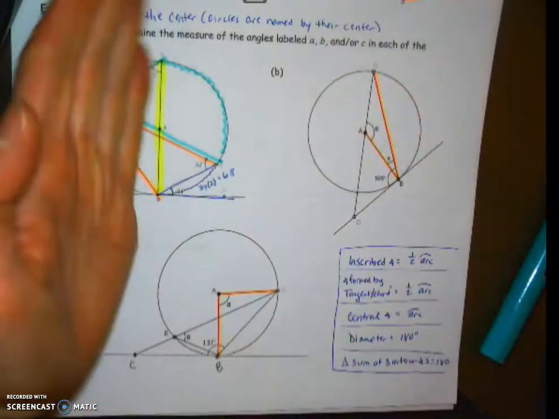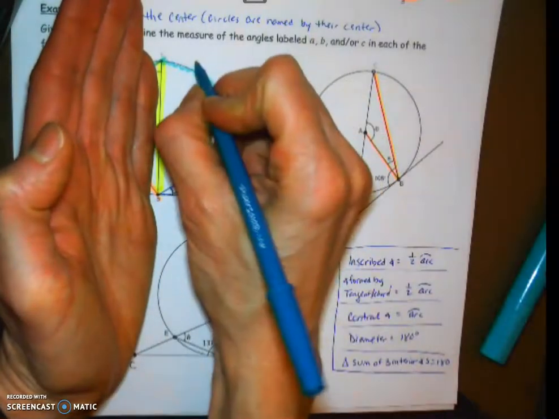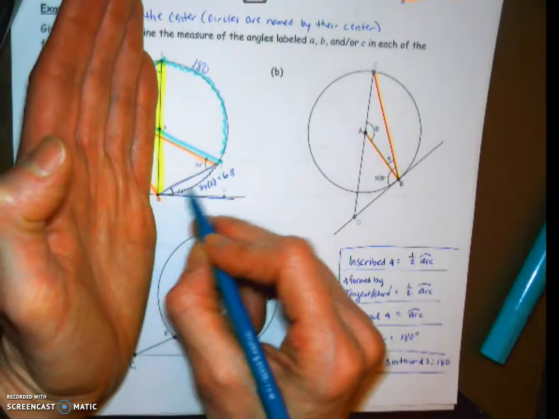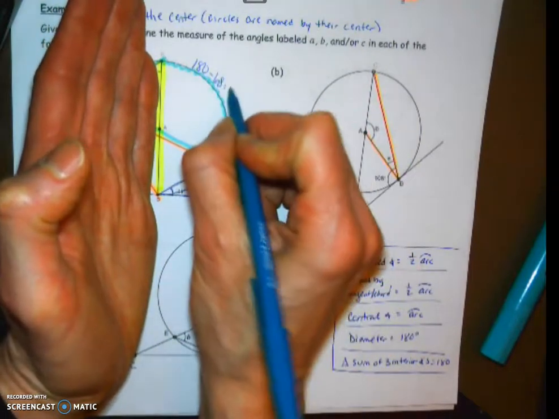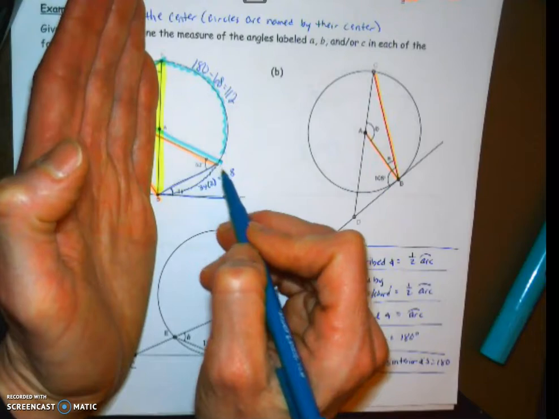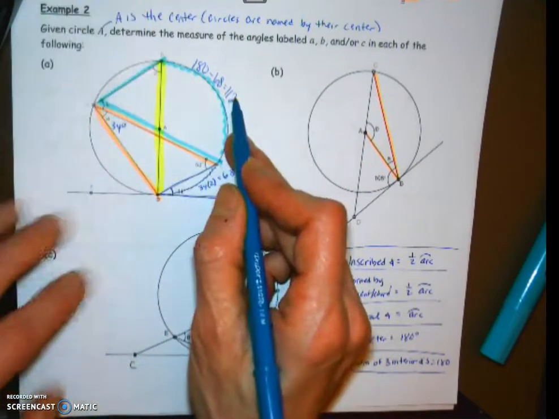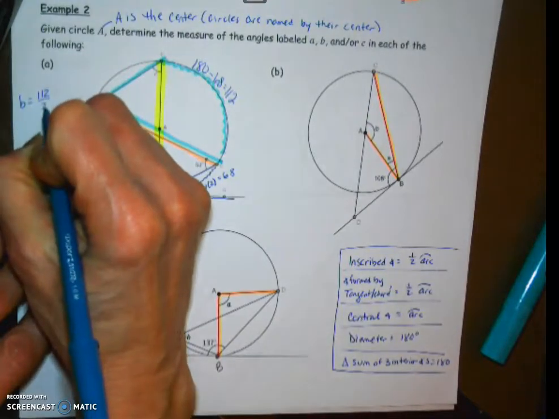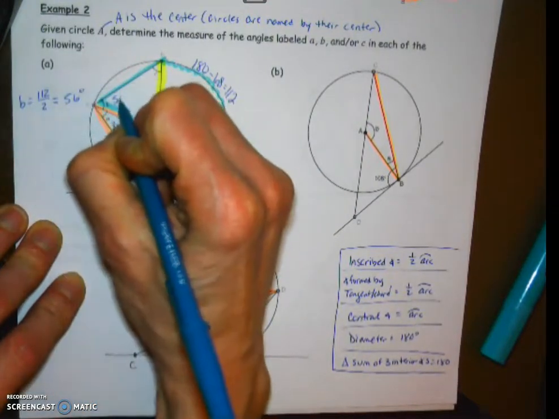And the diameter breaks the circle up into two semicircles, which are 180 degrees. So if I take 180 degrees from E all the way to B, and I subtract out this 68 degrees from here, I end up with 112 degrees. So if arc EC is 112, then angle B is going to be half of that. 112 divided by 2 works out to be 56 degrees.